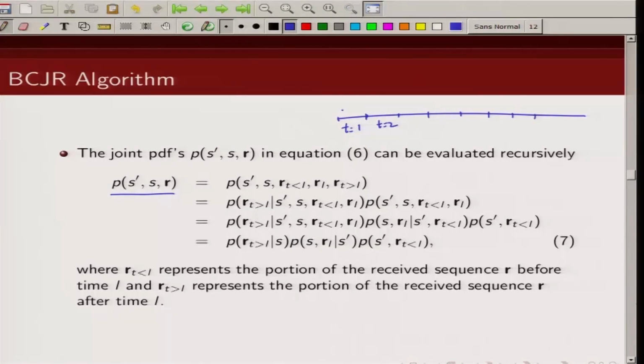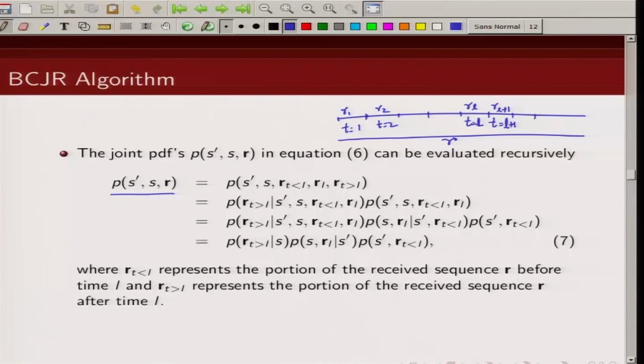Let us say I get R1, which corresponds to what I receive at time t equal to 1, R2 corresponds to what I receive at time 2, RL corresponds to what I receive at time L, and like that. RL plus 1 is what I receive at time t equal to L plus 1. So, this whole thing is my received sequence R.